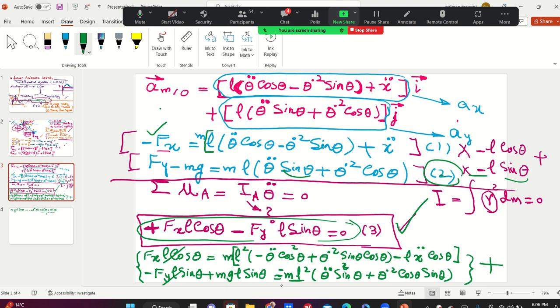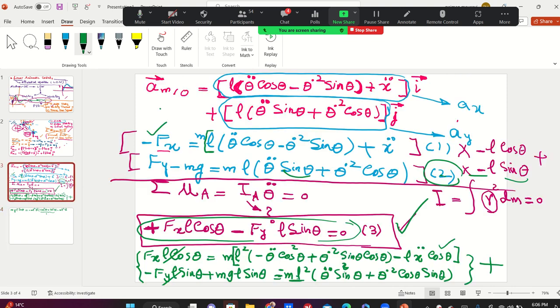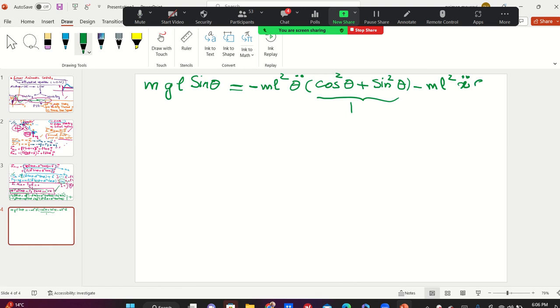ml squared theta double dot sine cosine minus ml squared theta double dot sine cosine. If you add them, they cancel out each other. That's right, so we don't write it. Only this term remains: minus ml squared x double dot cosine theta.